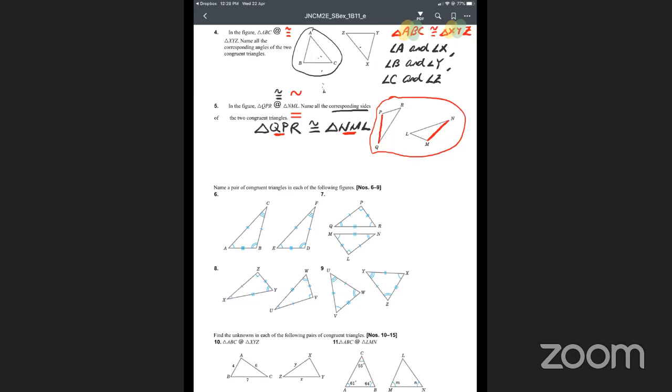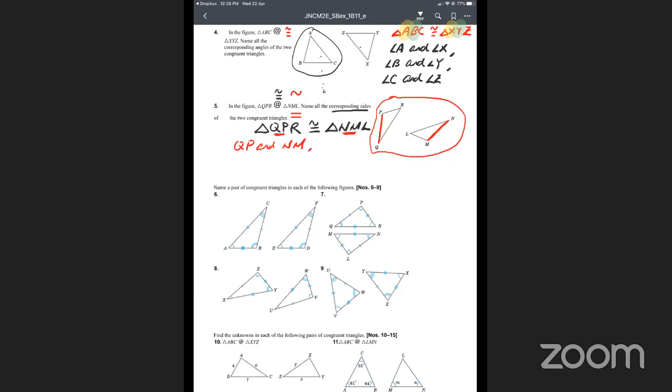In the figure, they are equal, right? Same length. These two are the same, right? And therefore they are in pairs. Therefore they are called the corresponding sides. And therefore it means we have QP and MN. They should be in one pair.